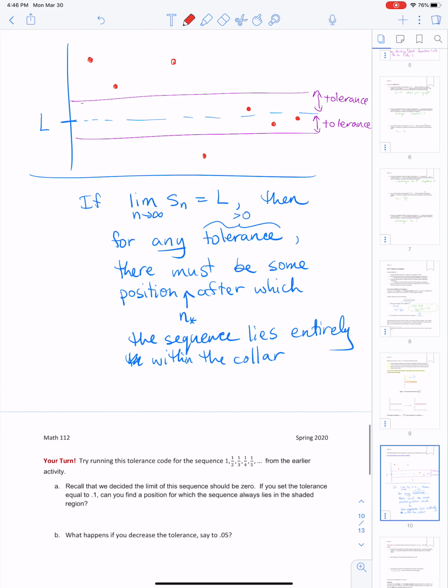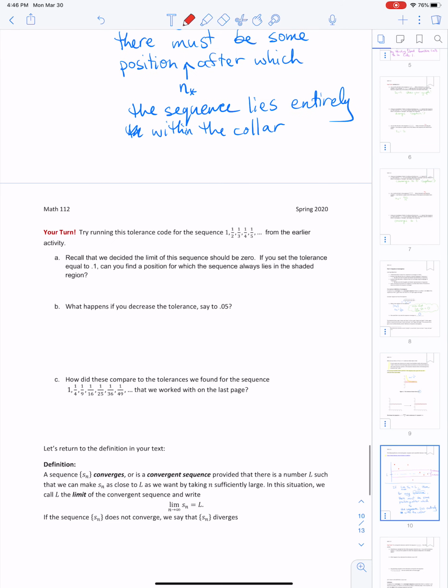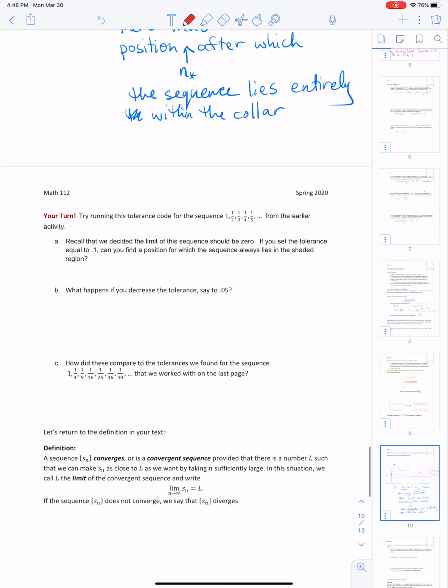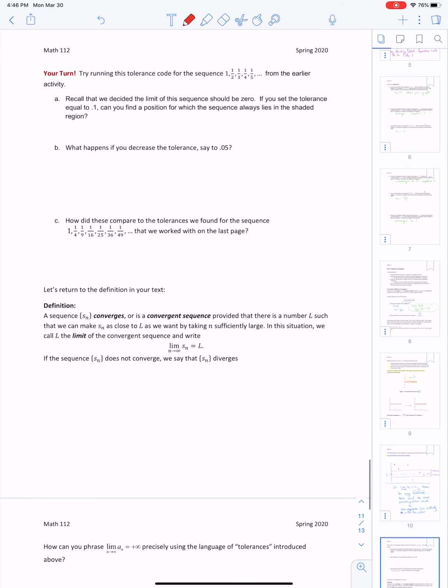So what I'd like to do is give you some time to try working with this tolerance code. So we'll go ahead and pause this video, and we'll start up the next one with a discussion of this particular tolerance activity, and I'd like you to compare it to what we did with this sequence 1 over n squared.